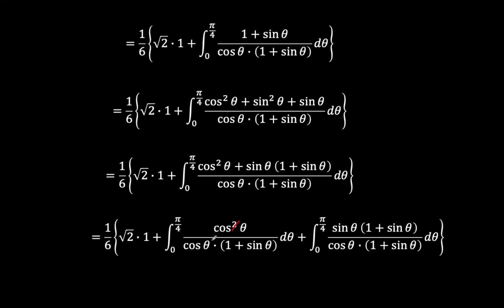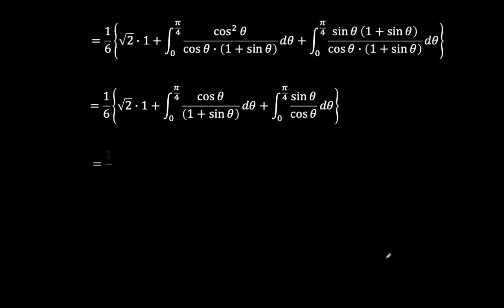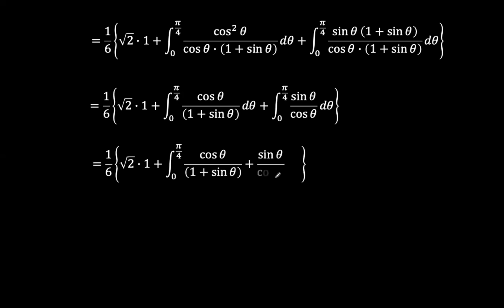In this case here, this and this cancels, and this and this cancels. Right? And then that means that we have now cosine theta over 1 plus sine theta here, sine theta over cosine theta. We can combine that integral again, and so we have cosine theta over 1 plus sine theta plus sine theta over cosine theta.